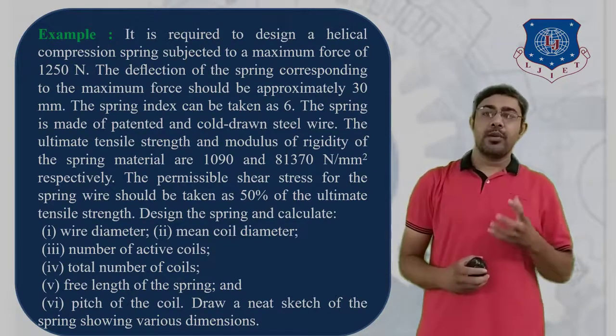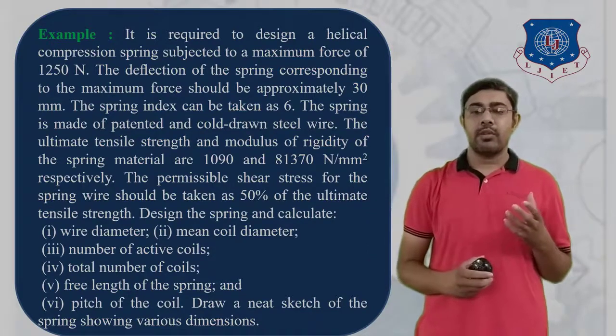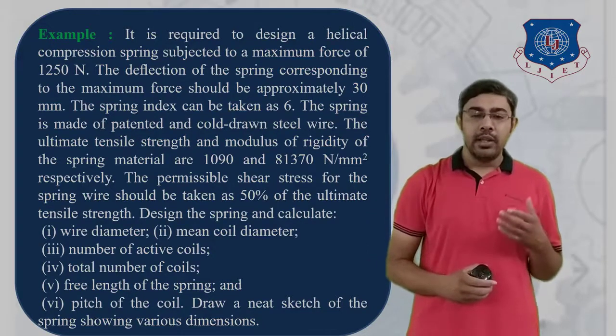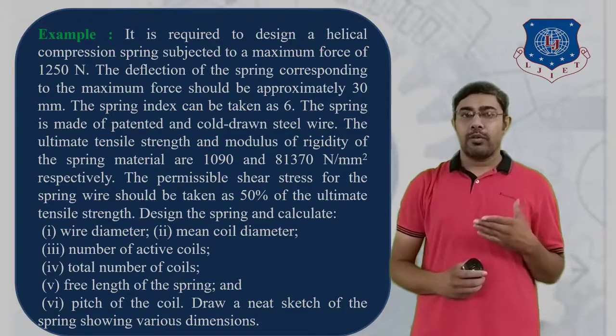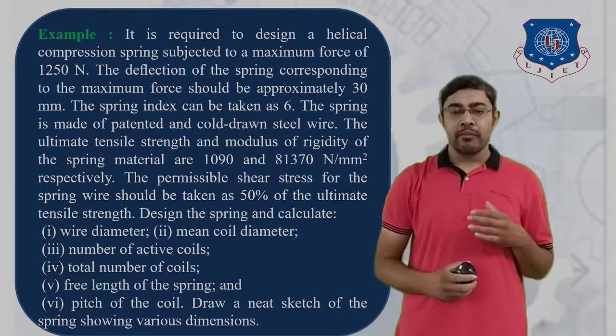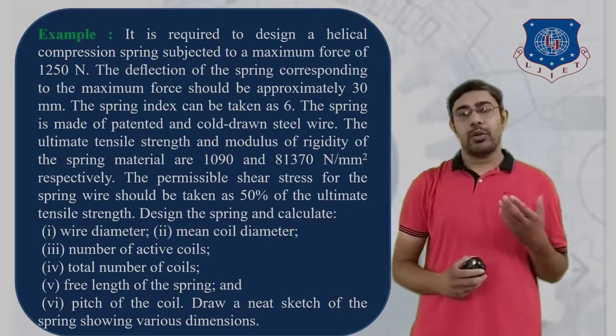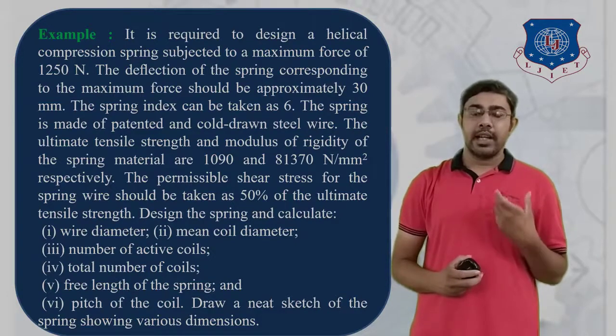So in this case you have to design the spring according to the given conditions, and also calculate the wire diameter, mean diameter, number of active coils, total number of coils, free length and pitch of the coils. Also you have to draw the spring according to the calculated dimensions at last.